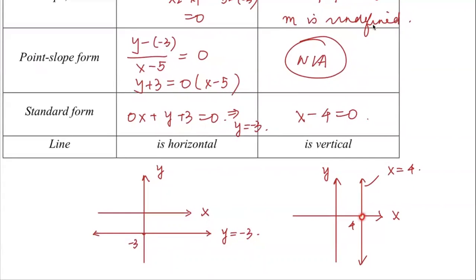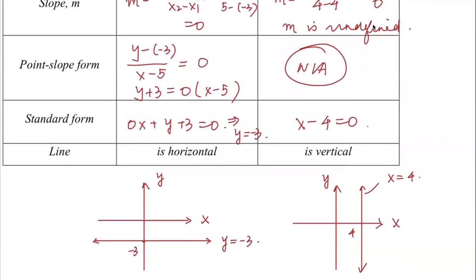For example, this point, we can tell the coordinate is 4, 0, right? Maybe this is 4, 1, 4, 2, 4, 5, 4, 10, 4, 20, etc. And on the negative side, 4 minus 1, 4 minus 2, etc. So all the points on this straight line have the same x coordinate, which is x is equal to 4, but the y coordinates are all different. So this is a vertical line, okay?